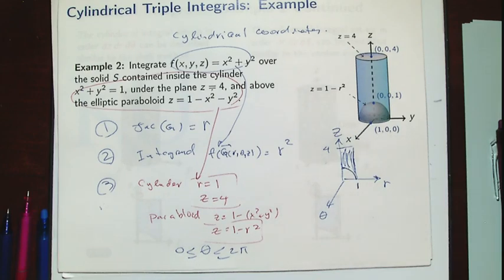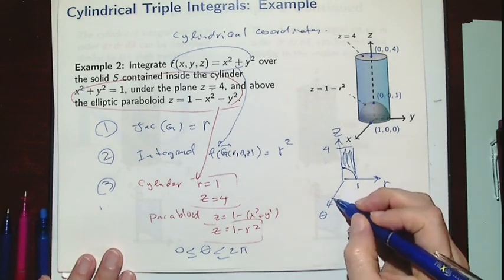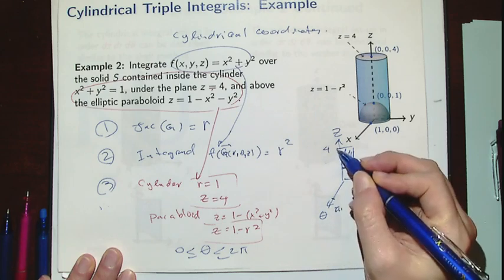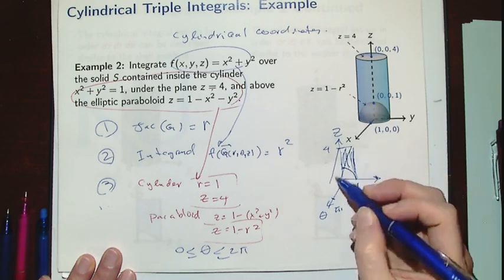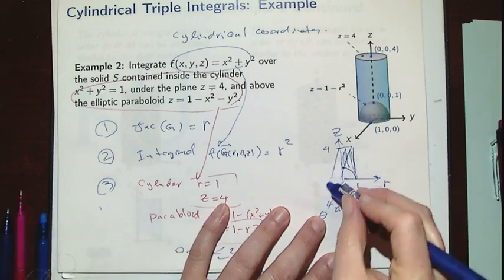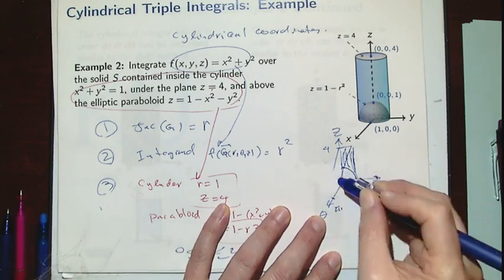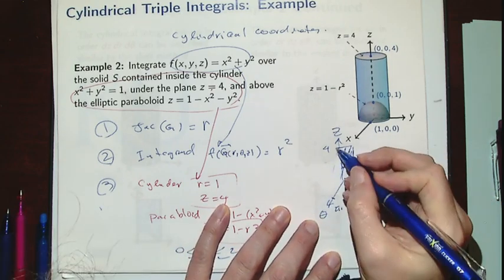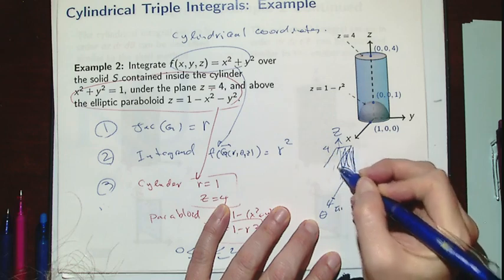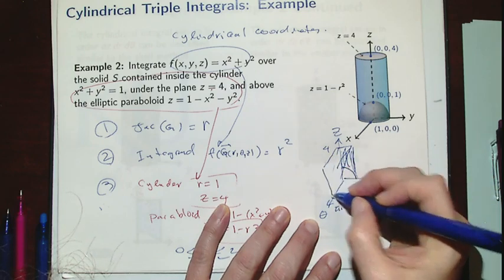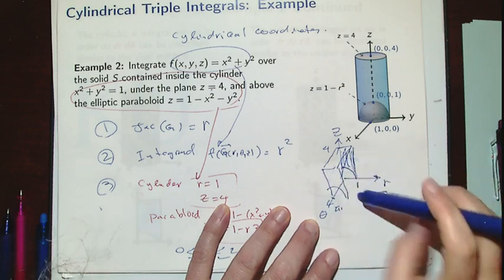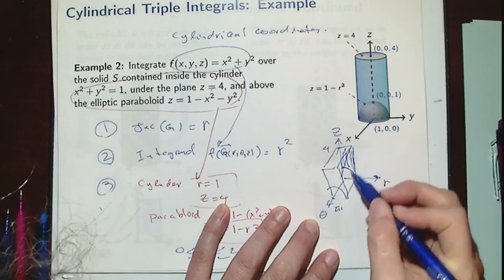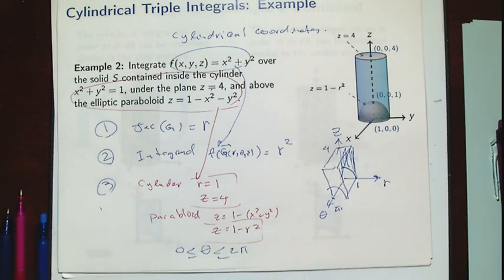Basically, in R, theta and Z, if this is 2 pi, it will look like this. You get this little box with a dome underneath it.